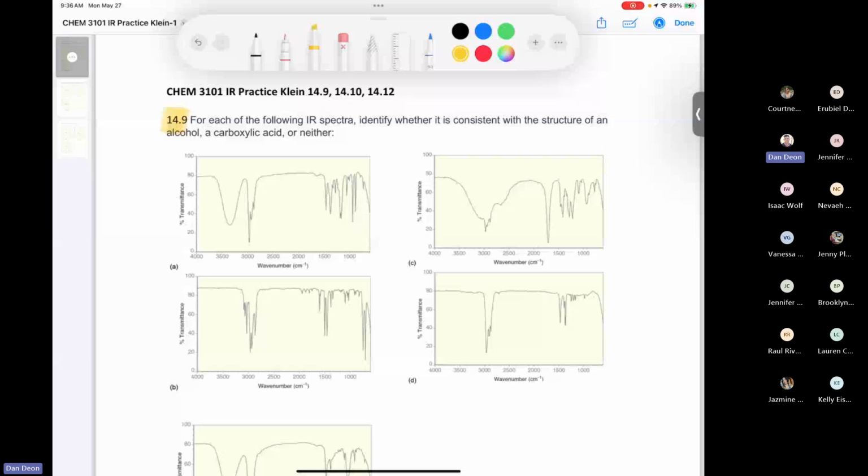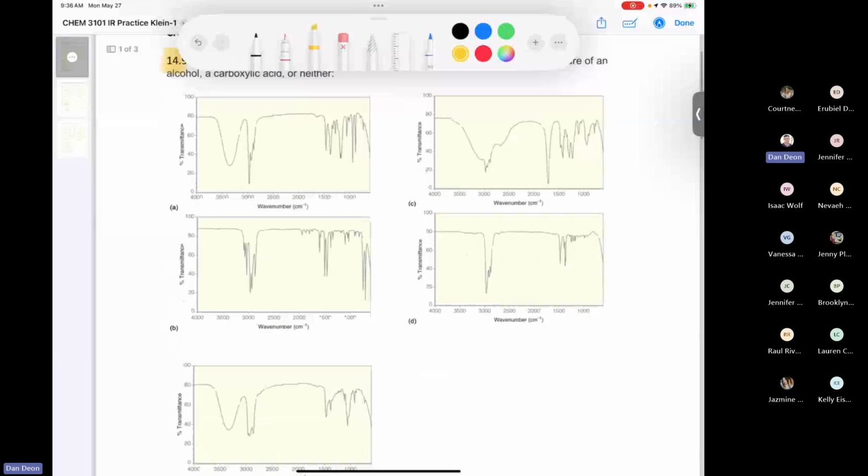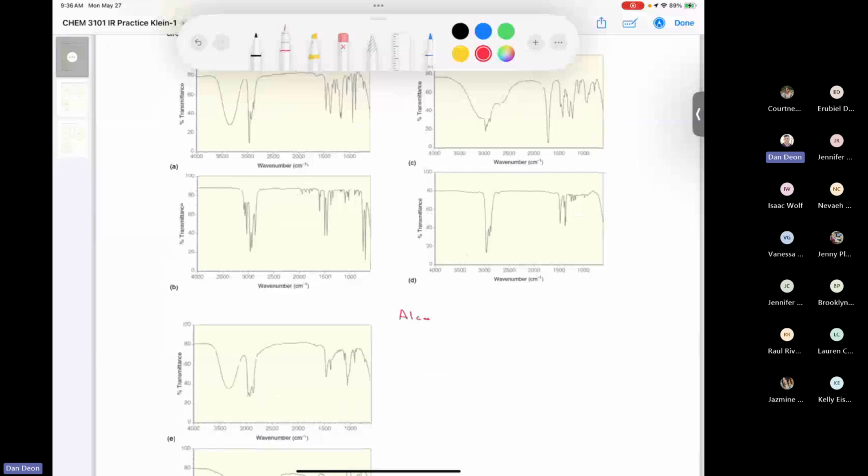So if you look at an alcohol, so I'll just pencil it in over here, okay? For an alcohol, there's a couple of things that we could look for. We could look between roughly 3650 to 3200. We see broad OH stretching.